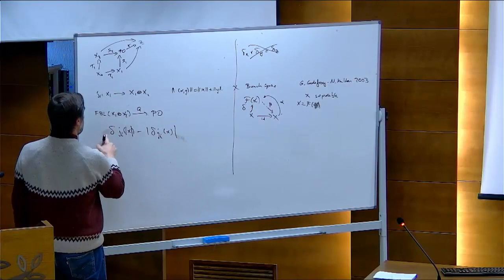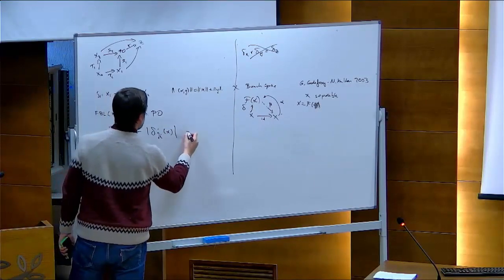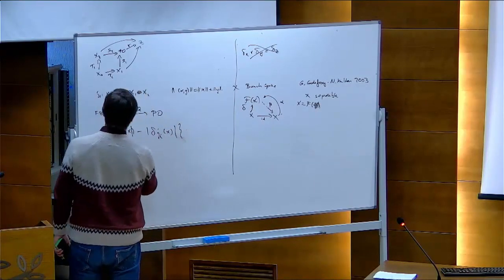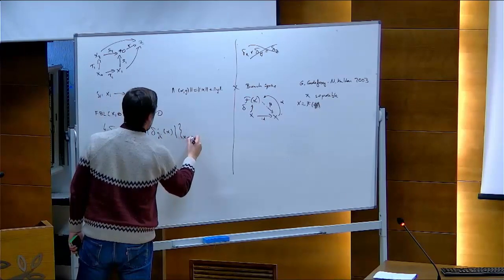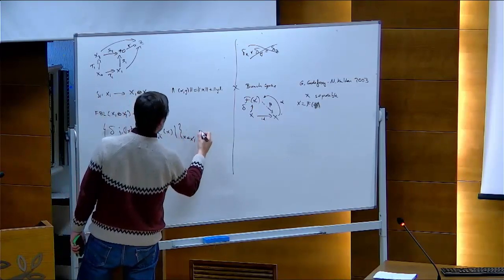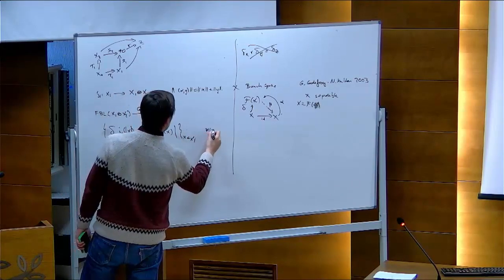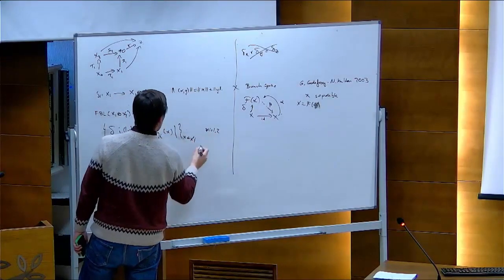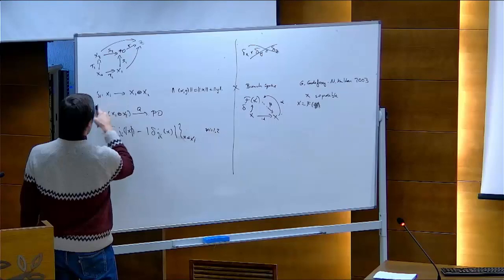I would consider the collection of those elements with x in X_i, for i equal to 1, 2, which lie inside this space.